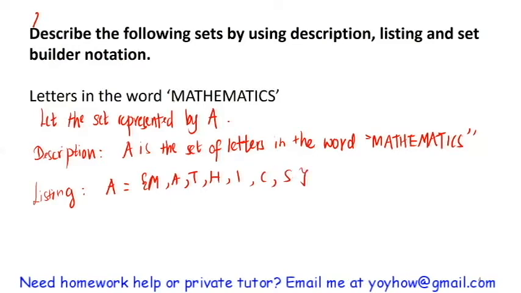Some of you might ask, your M is repeated twice, so why does it only appear once? If you have two or three of the same letter, you only need to write it once. Same goes for your T, it only appears once in your listing.